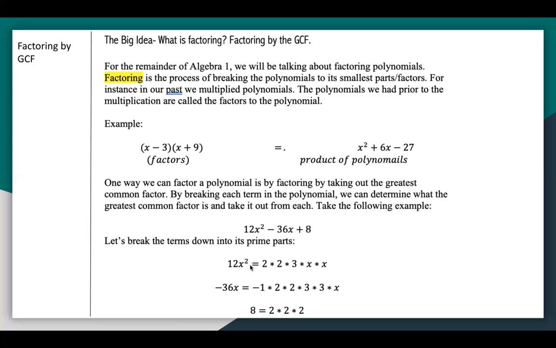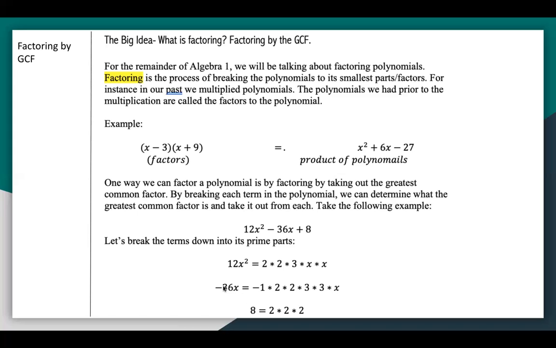But we can't forget about the x squared, so it's going to be times x times x. And negative 36x is negative 1 times 2 times 2 times 3 times 3, because negative 1 times 2 is negative 2, 2 times 2 is 4, 4 times 3 is 12, and 3 times 12 is 36. So it's negative 36 times x.